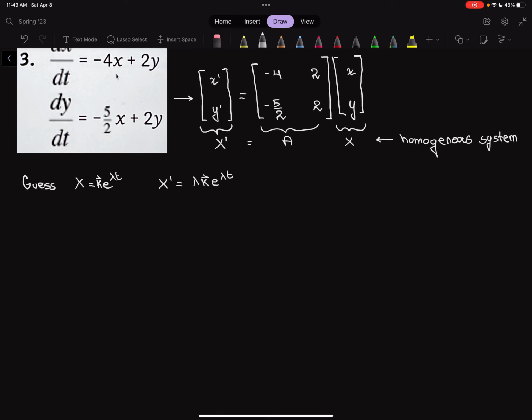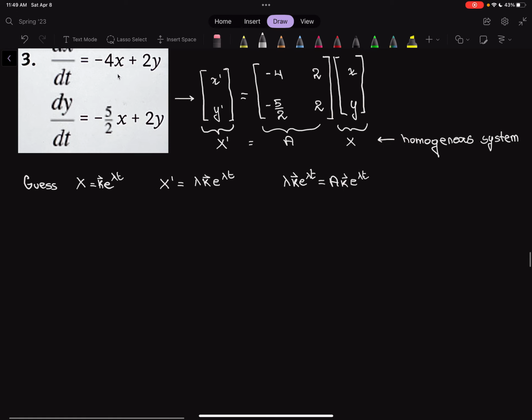Well, now I can substitute this back into here. And let's see what we get. So x prime, that's going to be lambda k e to the lambda t, is equal to the matrix A times k e to the lambda t.